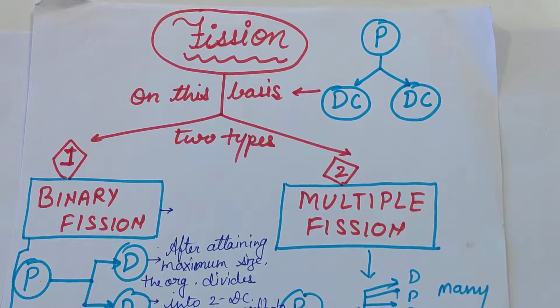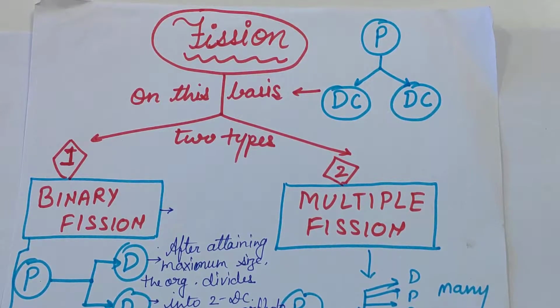Fission is most common in the protozoans, for example, unicellular organisms. This is the first type of asexual reproduction.